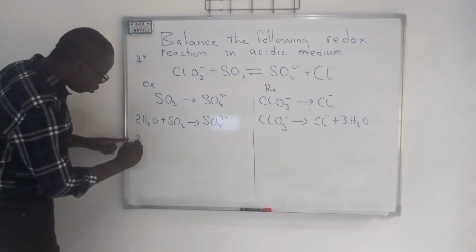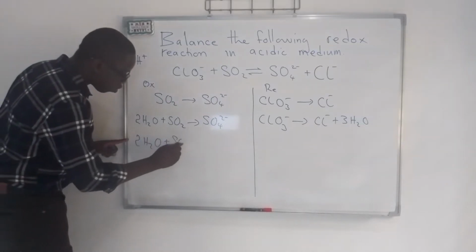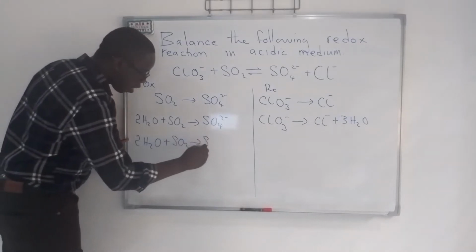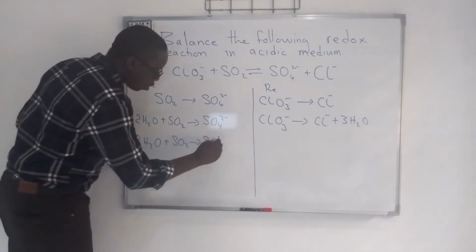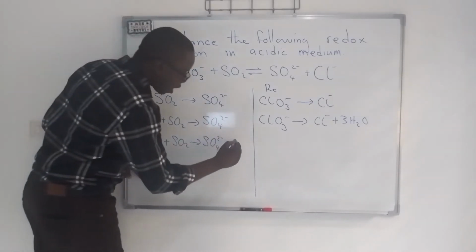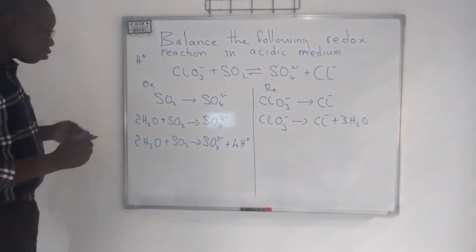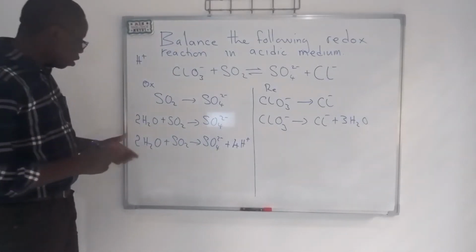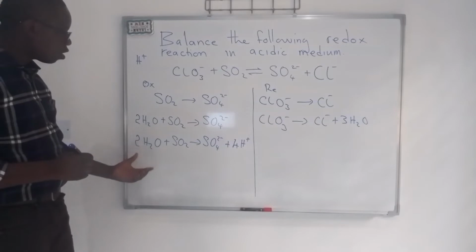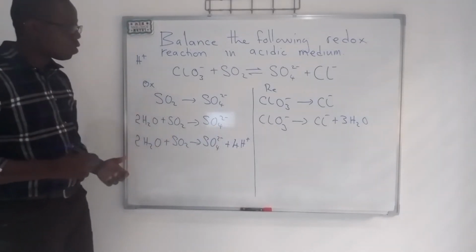So we'll say 2H2O plus SO2 gives SO4 2-, then we'll introduce 4 hydrogen ions. If we do this, we have balanced the number of hydrogens on both the reactant and the product side.